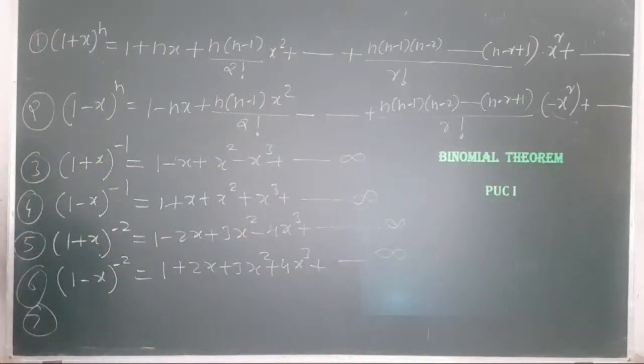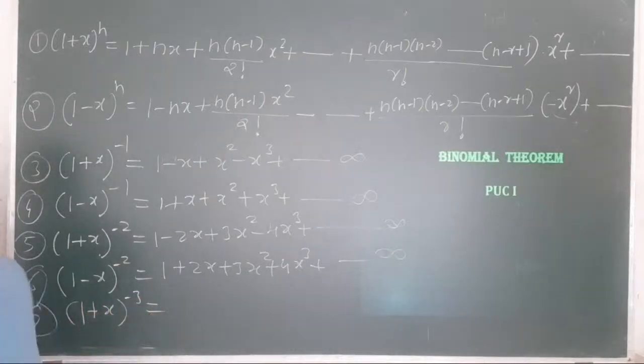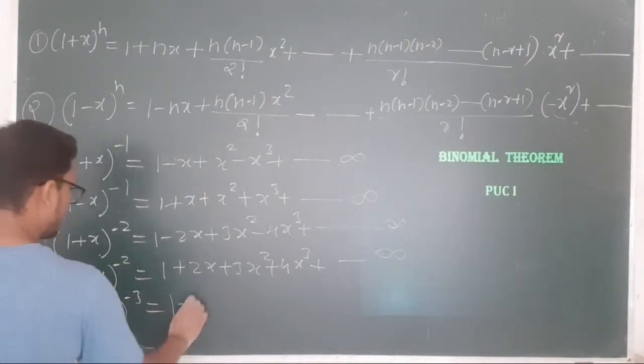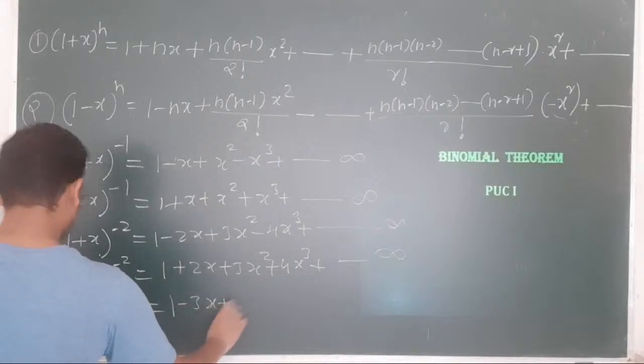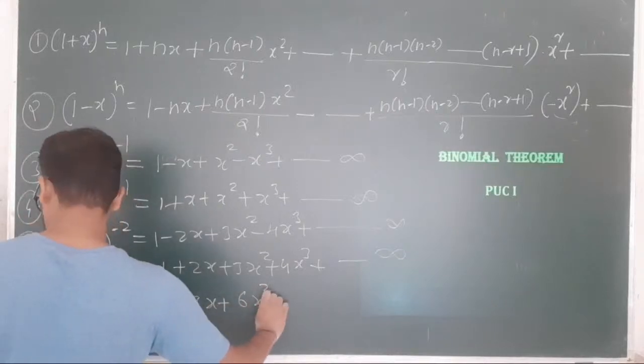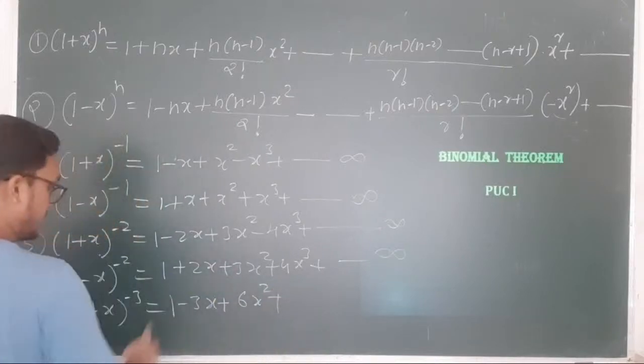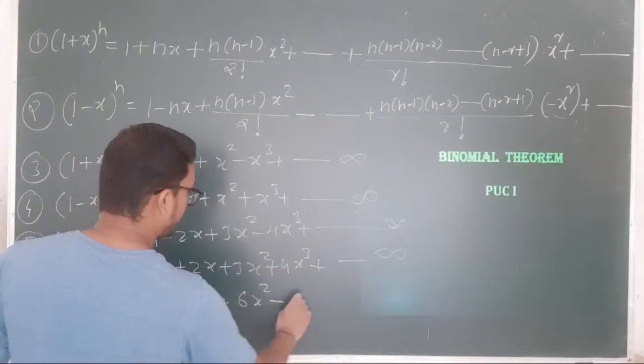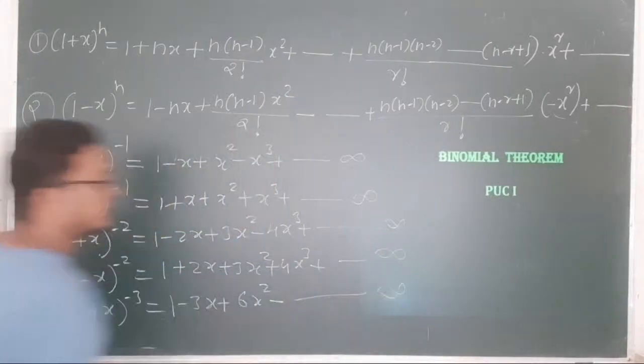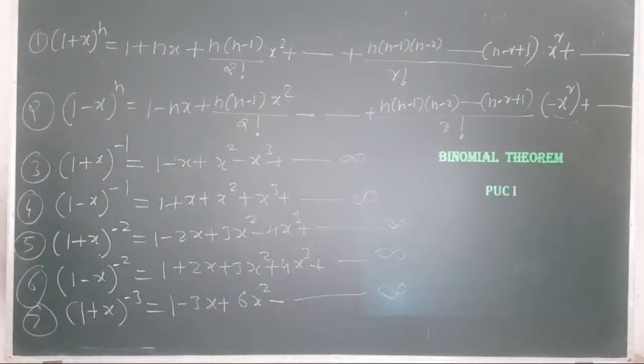Seventh one, (1 plus x) to the power minus 3 can be written as 1 minus 3x plus 6x square minus so on up to infinity. Okay. So these are some important expansions of binomial.